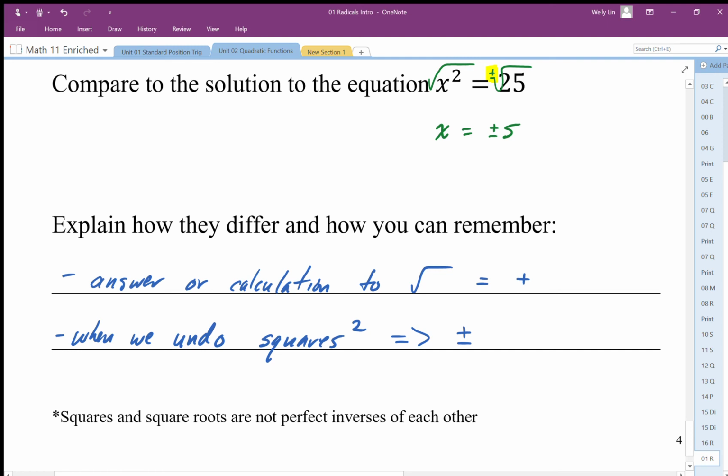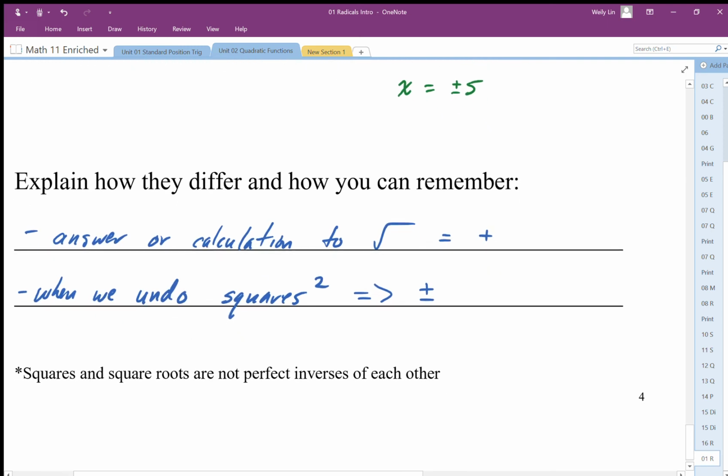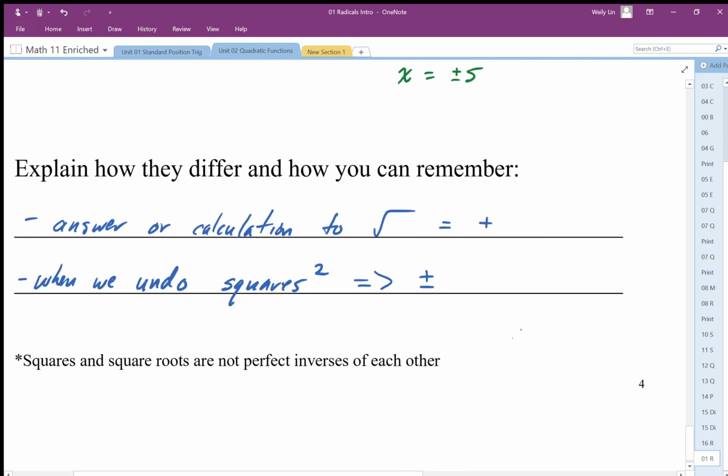And I'll give you one last thing, a visual, of why we don't see them as inverses of each other. When we graph a parabola, it looks like that. A perfect inverse is going to be the same graph, but looking like that. It's a mirror image across this line here. All inverses have this relationship. The problem with square root is that it is only that part.